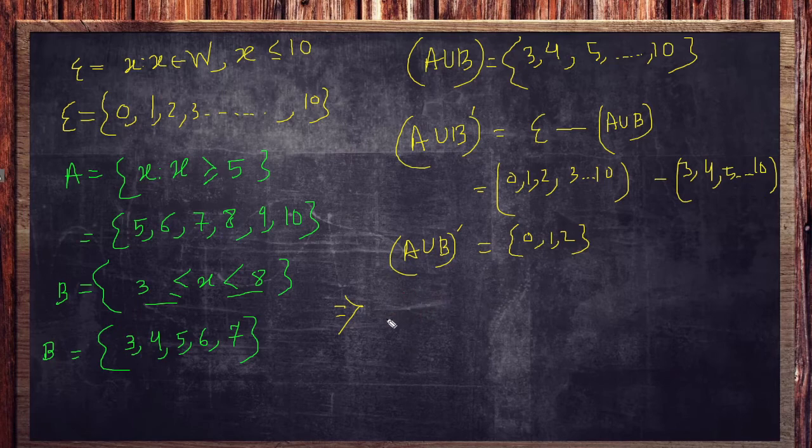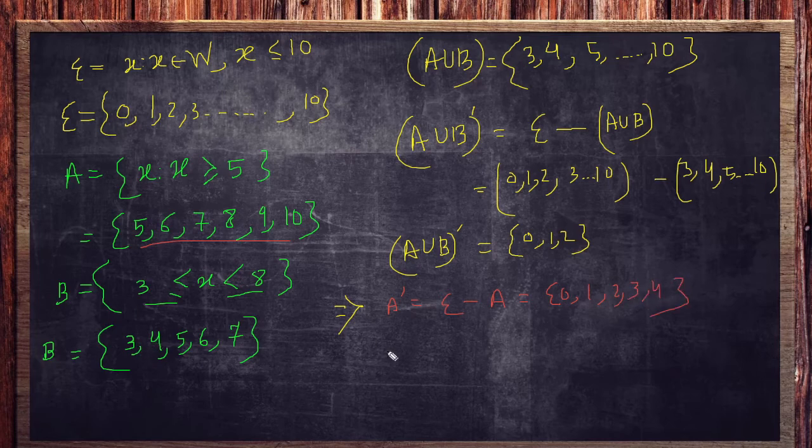So A dash means what? As you can see, that is nothing but epsilon minus A. So if something remains, that will remain from epsilon. So if you cut the A values from 5 onwards, all those values are going to cancel. Only something will remain, that is 0 to 4. So that value will be 0, 1, 2, 3, 4.